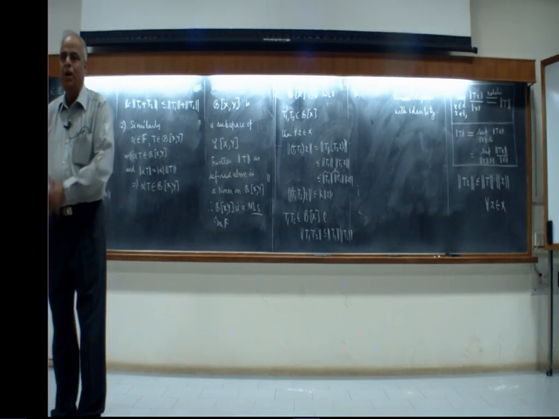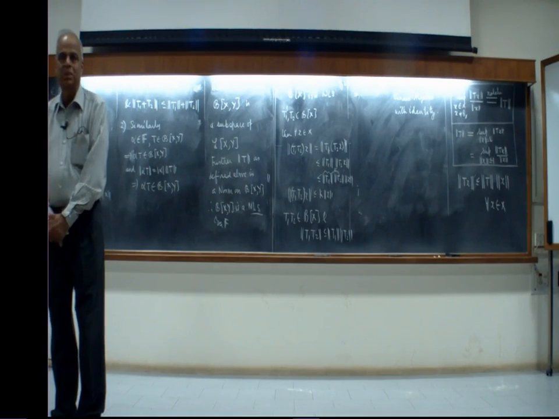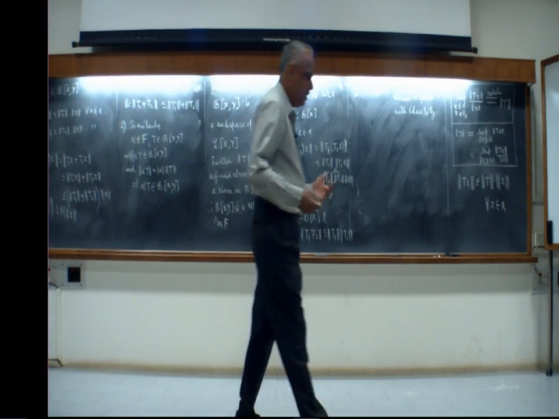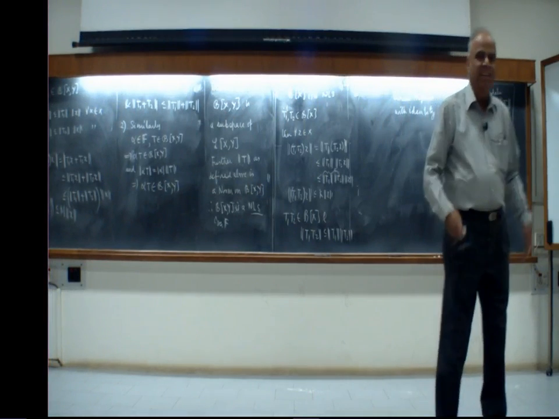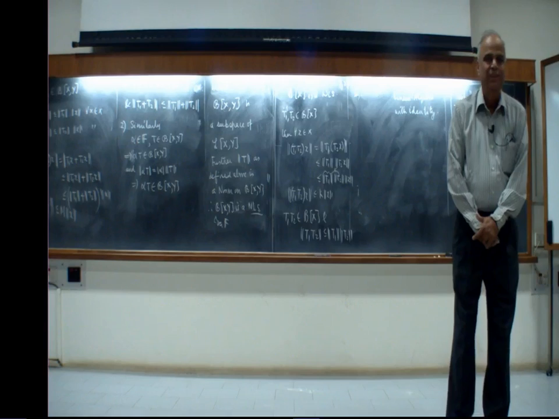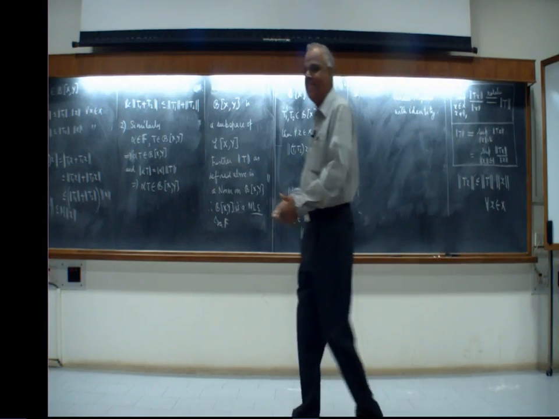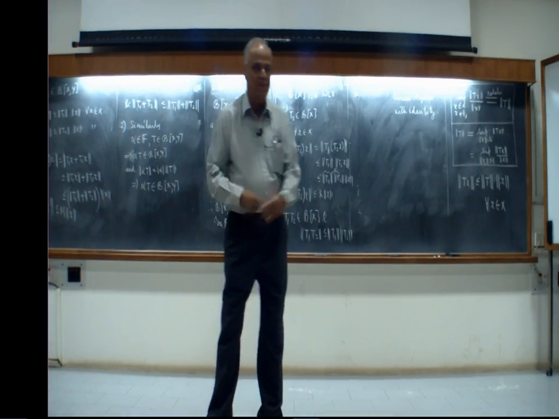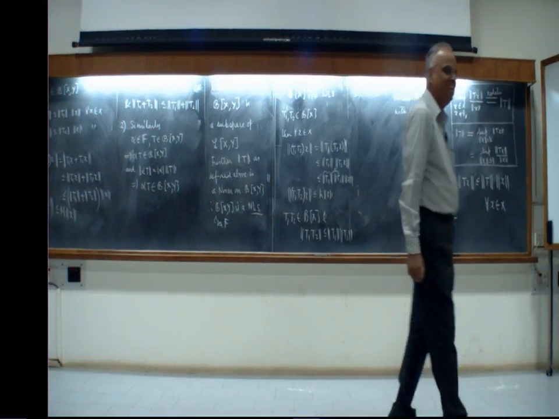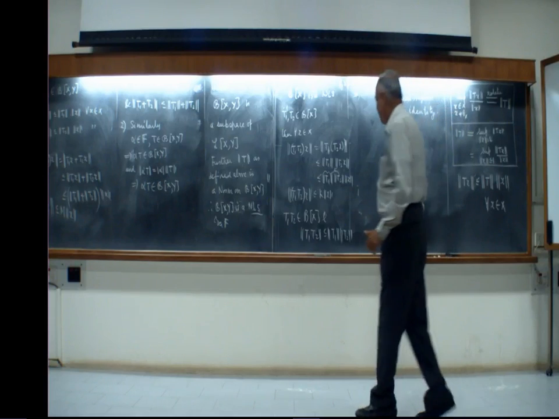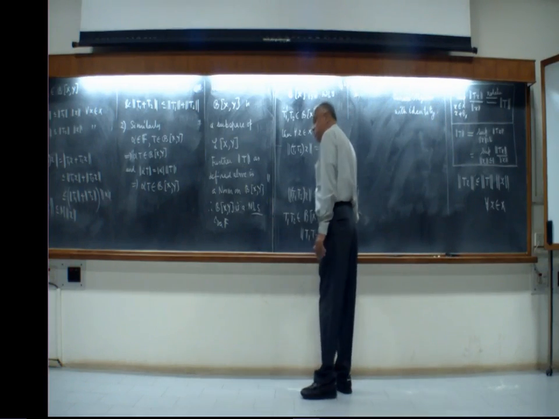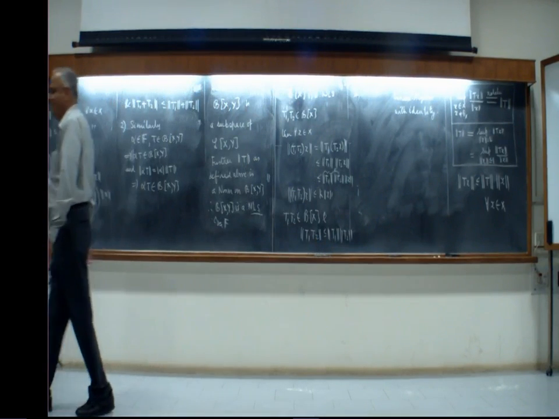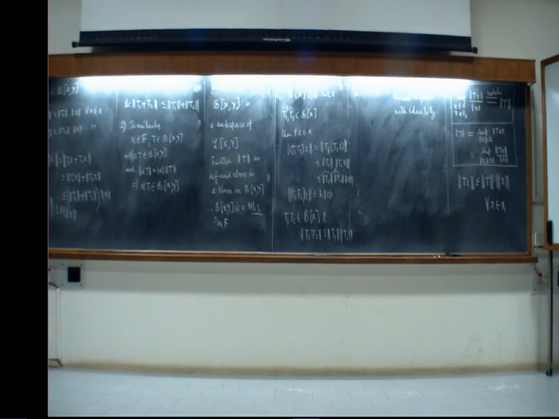Algebra basically took over geometry, and somebody described this as the devil taking over the angel. Geometry was the angel, algebra was the devil. I hope there are no algebraists here. These algebraists are some people.